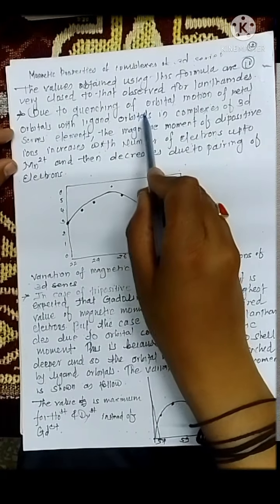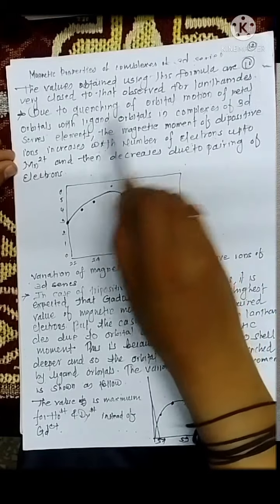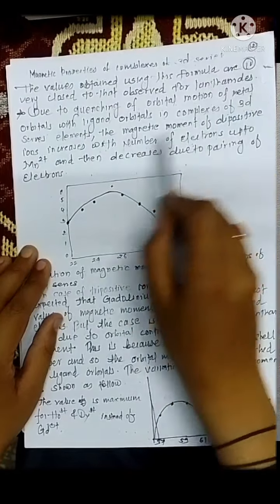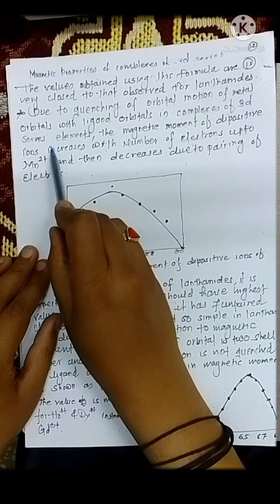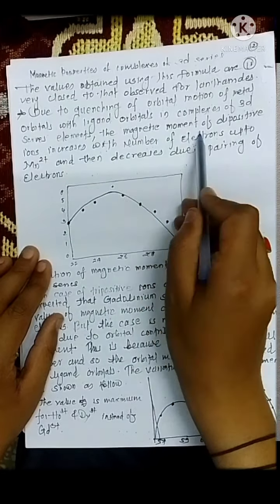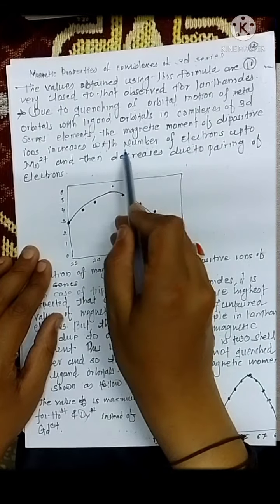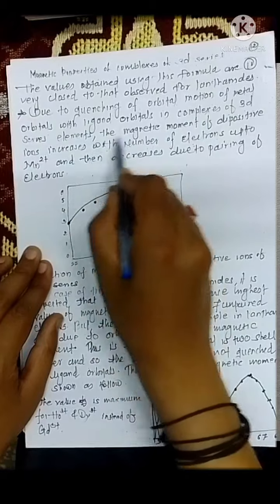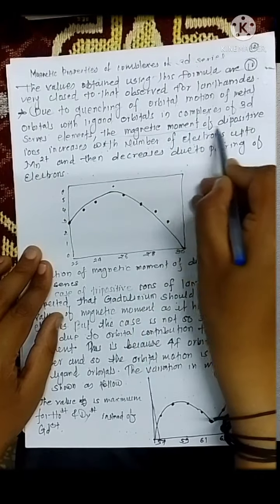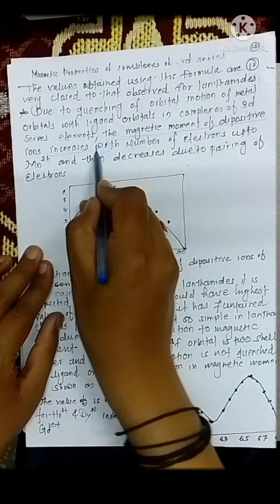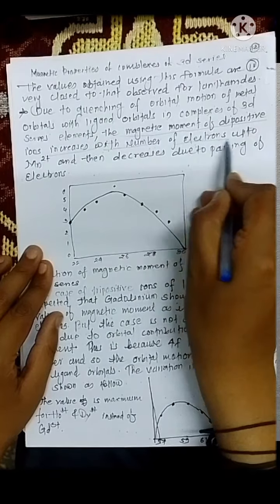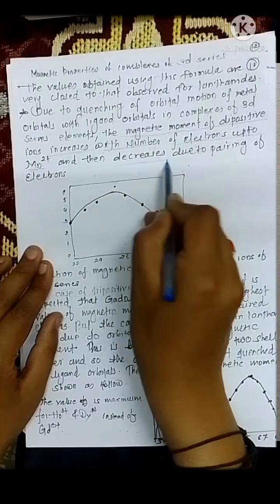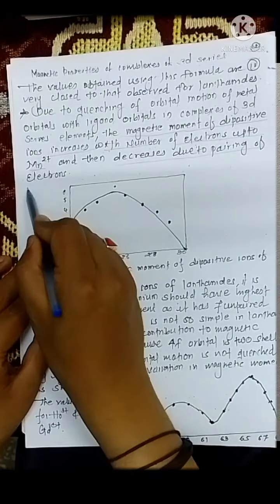Due to the quenching of orbital motion by ligand orbitals in complexes of 3d series elements, the magnetic moment of dipositive ions increases with the number of electrons up to Mn2 plus. It is an important statement. The magnetic moment of dipositive ions increases up to Mn2 plus, and then decreases due to the pairing of electrons.